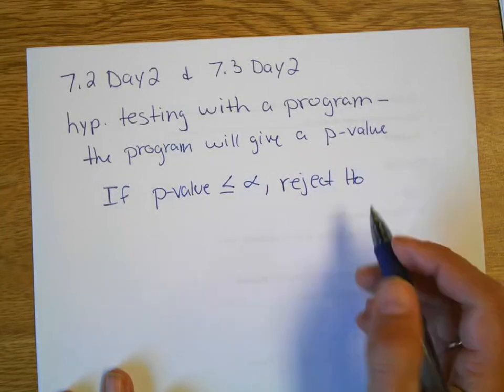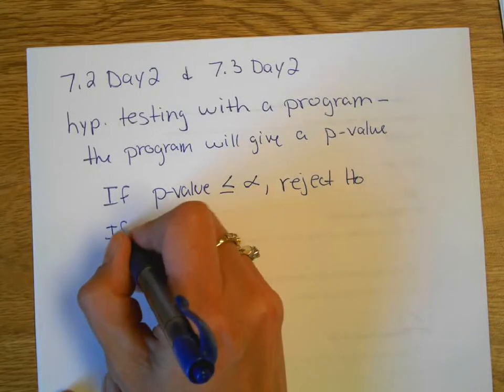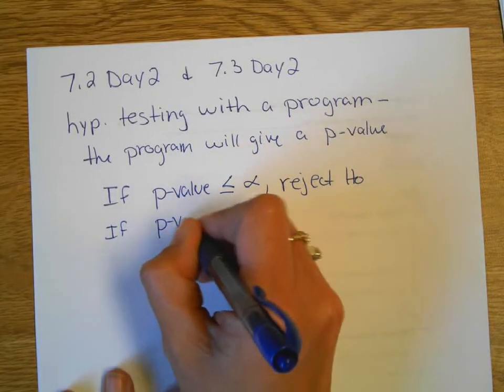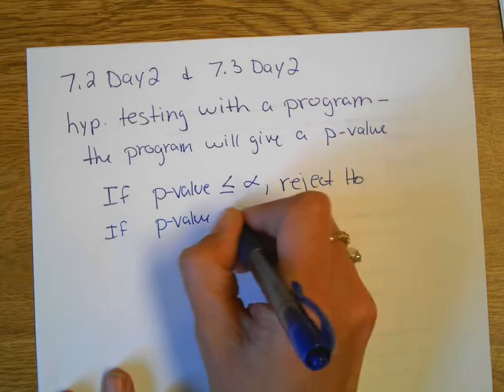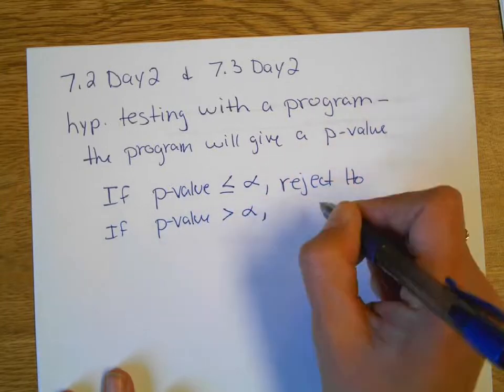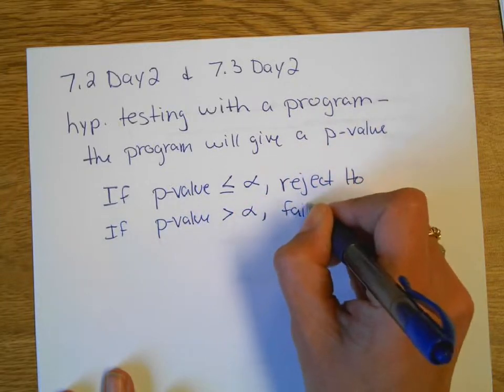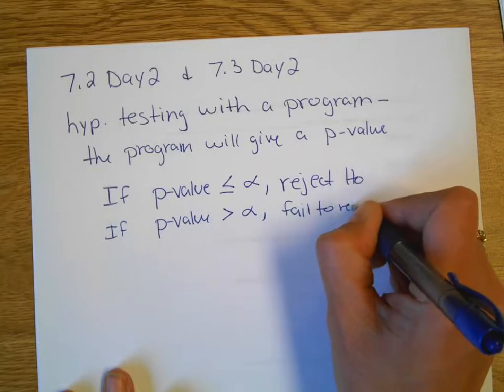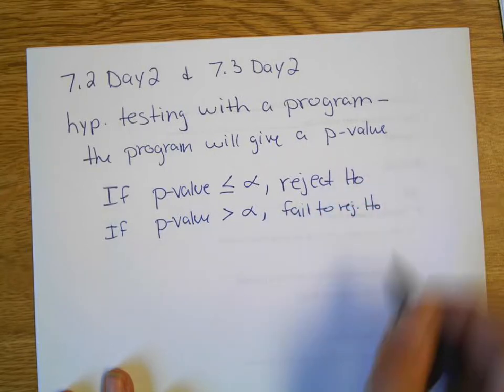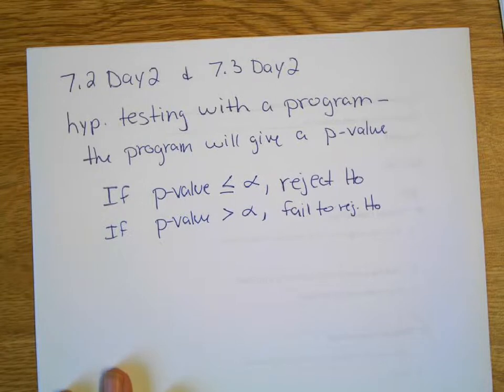So then the other side of the coin, if the p-value is bigger than alpha, you're going to fail to reject the H0. So all 3 programs, when they're done running, after you put in all the right information, will give you a p-value.